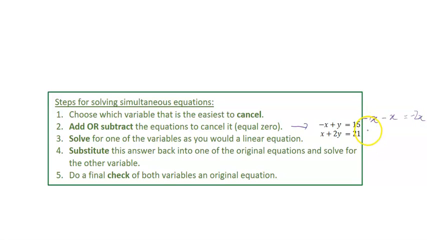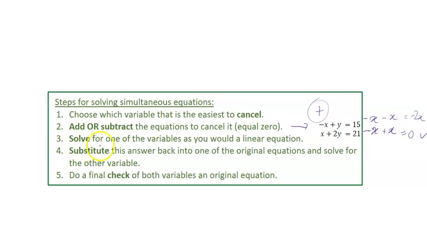So in this example, you would have to add them together because it would be negative x plus x. It's like saying negative 5 plus 5, that's always going to equal 0, so that would cancel it out. Brilliant. So that's an example of when you add or subtract, and that's where adding comes in.